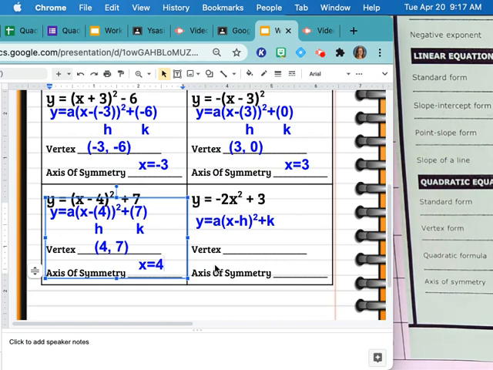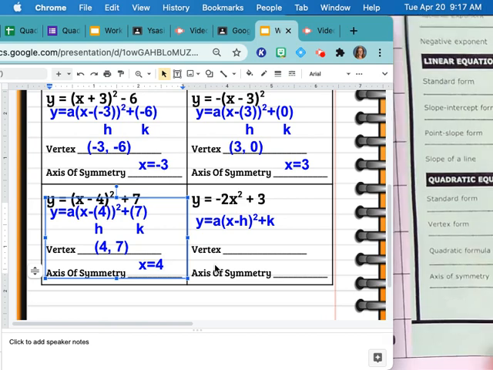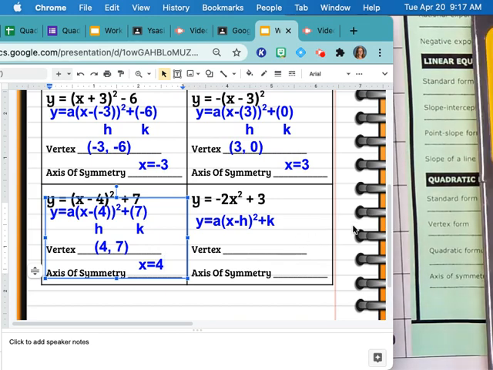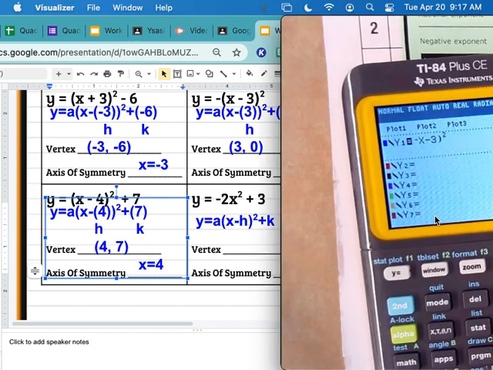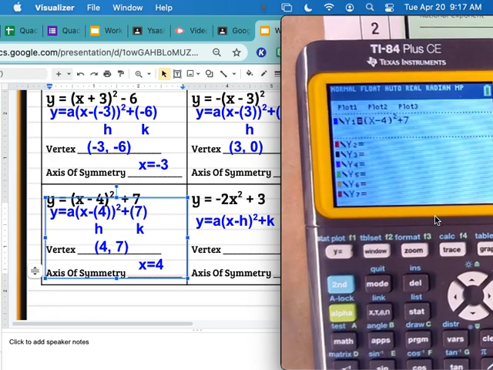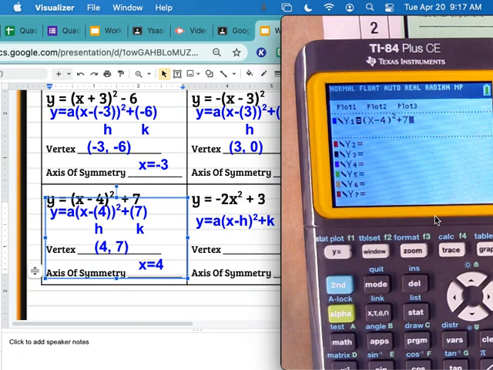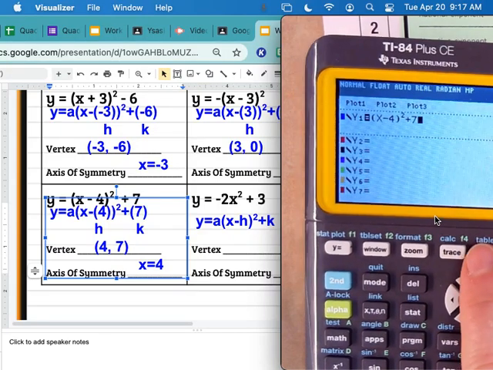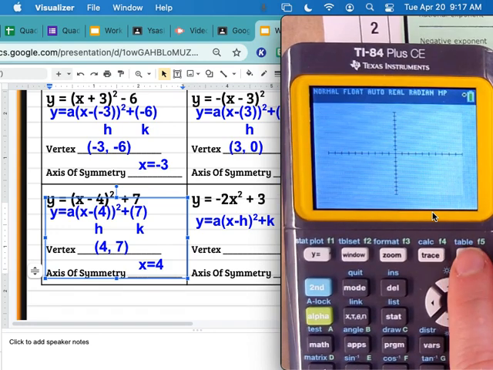X equals 4. So let's put it in the calculator. X minus 4 squared plus 7. Go to graph.